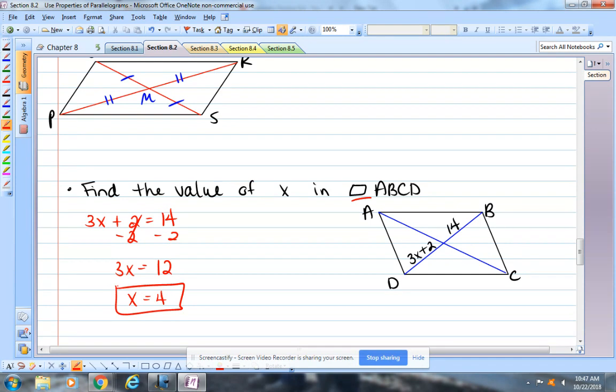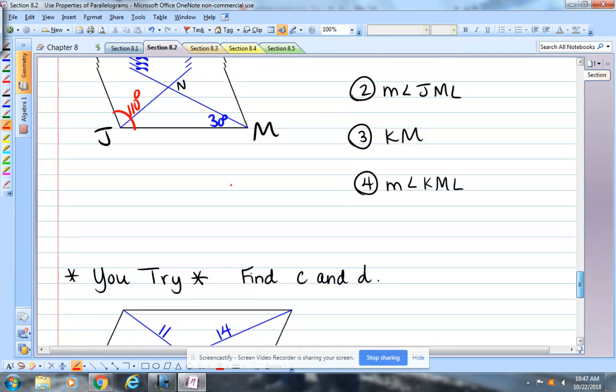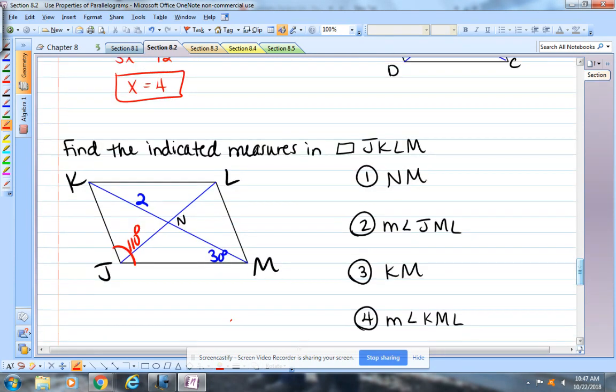So any questions? Okay. Few more examples. We're going to find these 4 things with this picture. I'm going to give you a second to draw this picture.